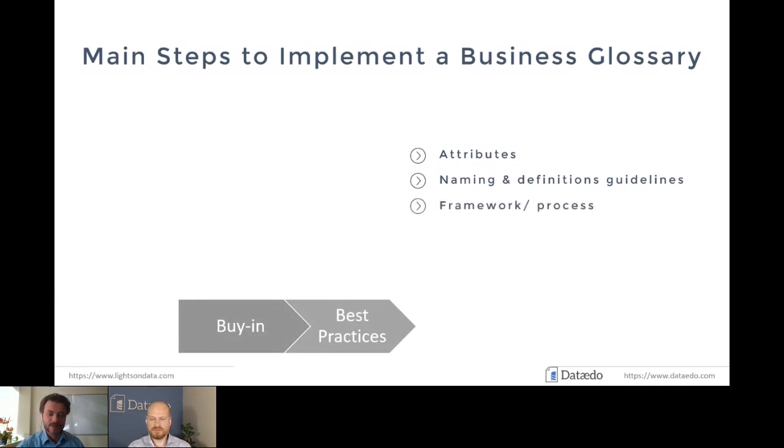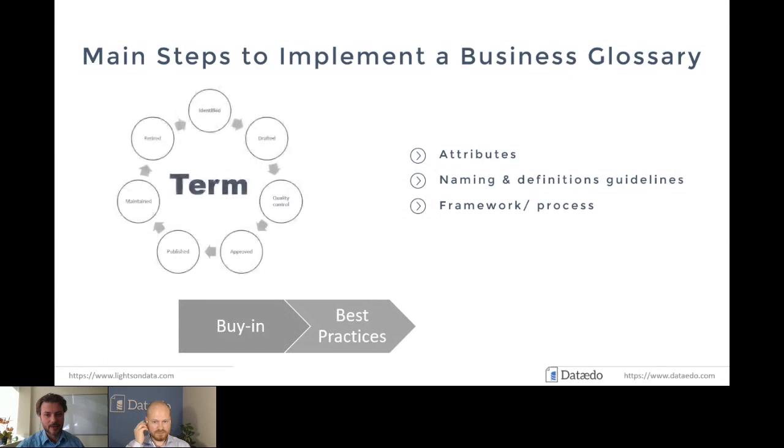The other best practice you need to keep in mind is around that framework and process. So the term itself goes through different stages. From the moment it does get identified, it goes through some sort of quality control, and then it's finally published, maintained, and potentially even retired at one point.